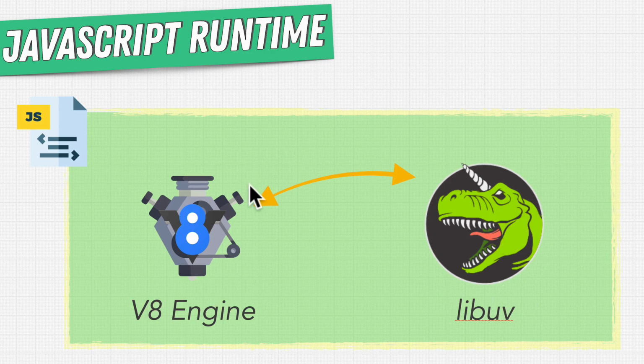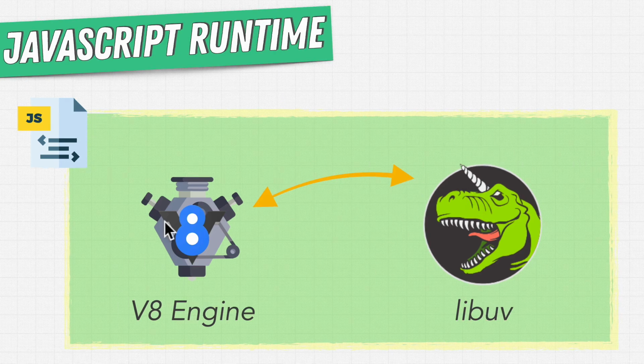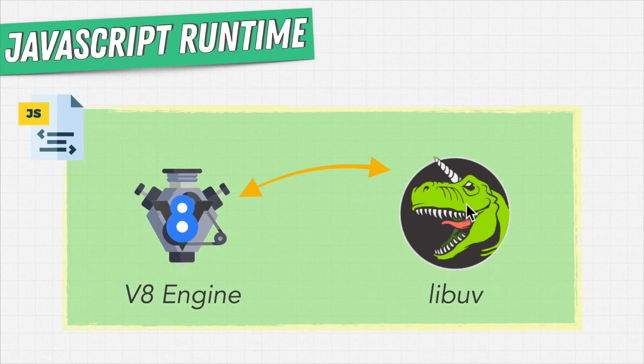V8 engine is written with JavaScript and C++, and he created the bindings between them so that they can communicate. So that whenever they encounter something that maybe needs asynchronous I/O, well, then we hand it over to the libuv. Now, I know this is kind of confusing, and we're going to dive deeper into this topic, but that's what Node is. A JavaScript runtime is an environment for us to run JavaScript that gives us a little bit more than just the V8 engine.